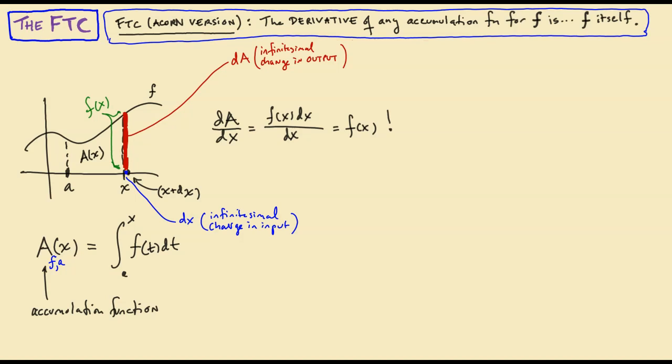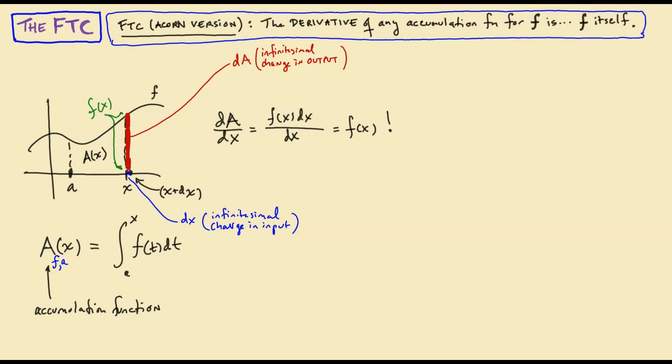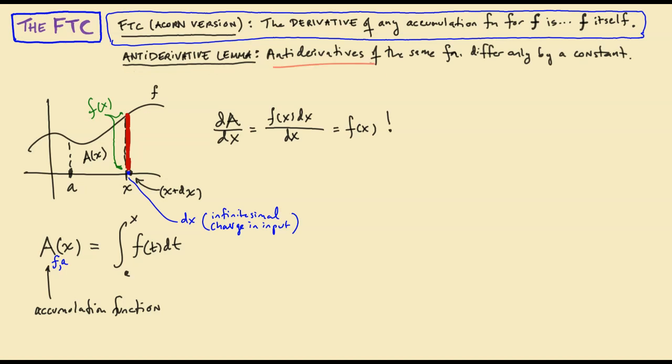You just have to put it in the soil of the antiderivative lemma. So let me remind you of what the antiderivative lemma says. It says that antiderivatives of the same function can differ only by a constant.